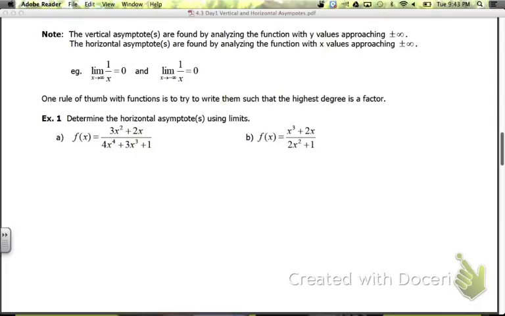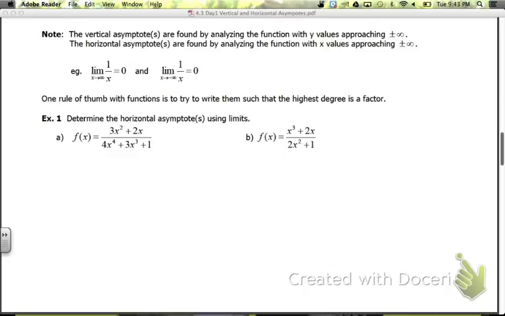So just to note here, the vertical asymptote or asymptotes are found by analyzing the function's y values approaching positive and negative infinity. And the horizontal asymptote or asymptotes are found by analyzing the function as x values approach positive and negative infinity.